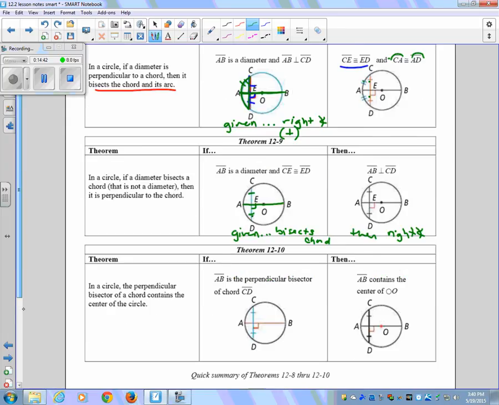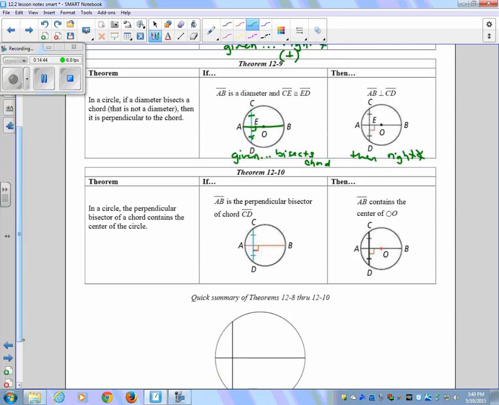Okay, the last theorem here, this is the last one for the section, says that in a circle, the perpendicular bisector of a chord contains the center. In other words, take these two other theorems from up here and combine them. If you know that this is bisected at a right angle, 90 degrees, then it must be the diameter.